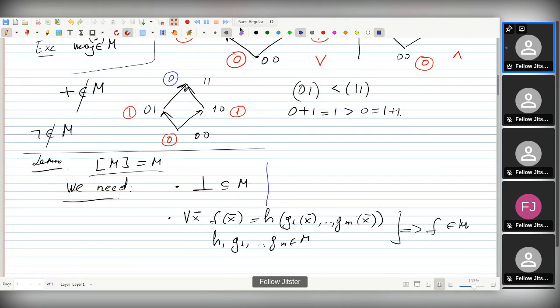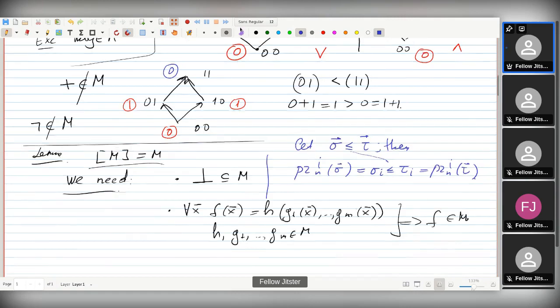The first one is almost obvious. So if we assume that sigma is less or equal than tau, then clearly, if we take some projector, it returns us sigma I at this tuple sigma, which is, by the definition, less or equal than tau I. It's obvious.